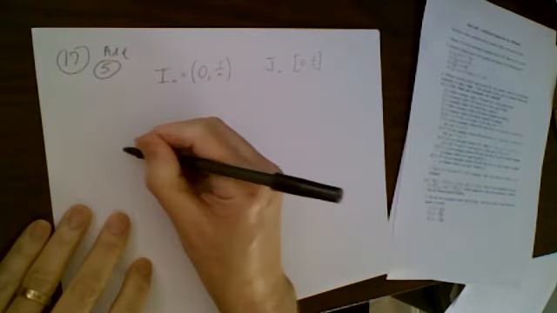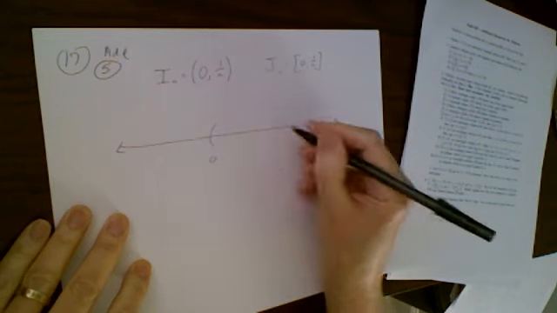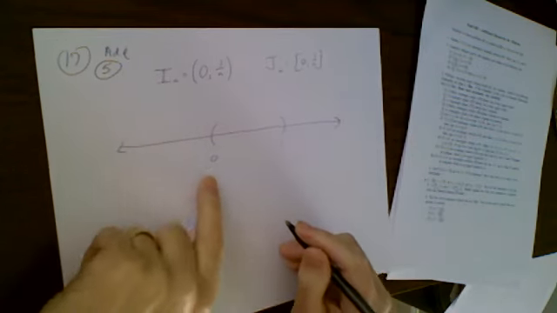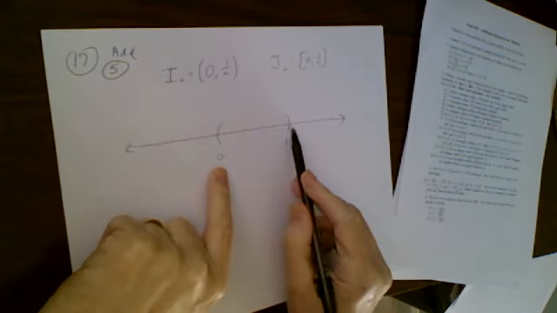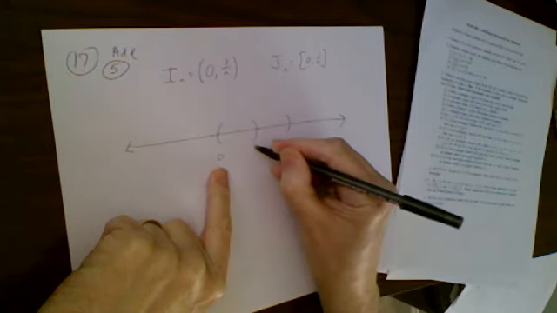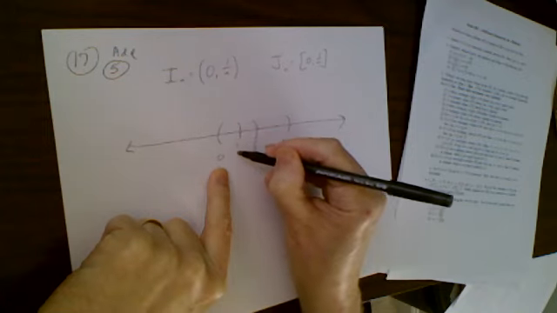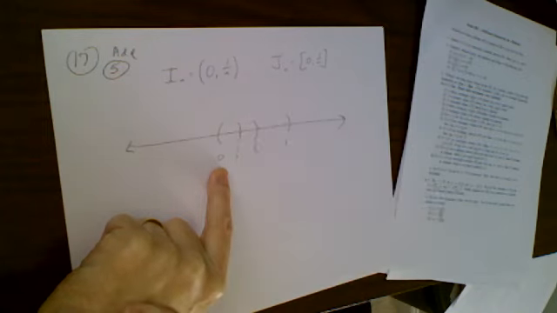Find the intersections. Well, if I'm intersecting all of these, first I take the set from 0 to 1. Then I intersect it with 0 to 1/2. Then I intersect it with 0 to 1/3.